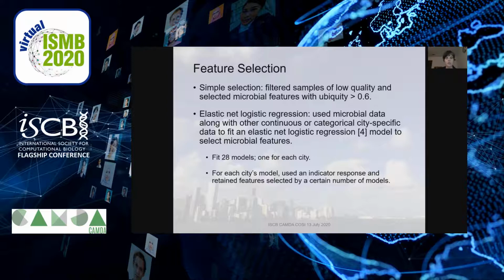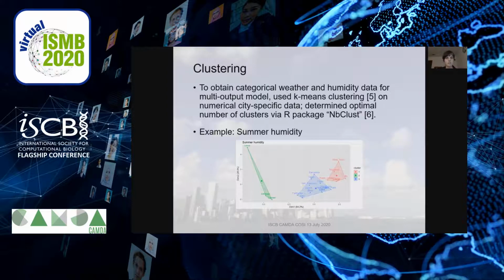So we fit 28 models here, one for each city. And for each city's model, we used an indicator response and then retained features selected by a certain number of models. And then for the multi-output model, we used categorical multi-output.